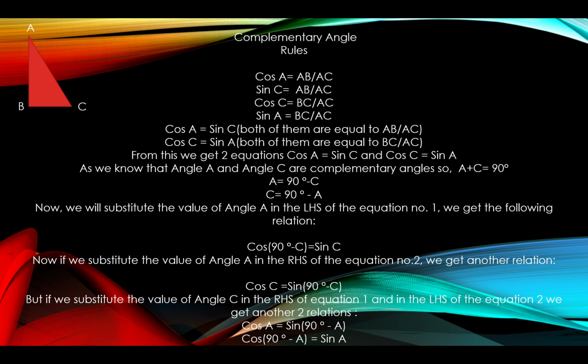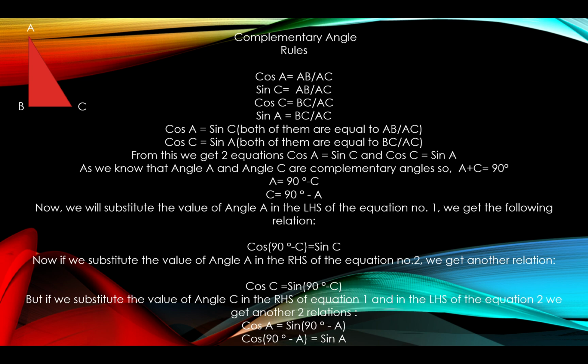Now we will substitute the values of angle A and angle C. So we will be substituting the value of angle A in the LHS of equation number 1. In case you don't know, LHS means left hand side.